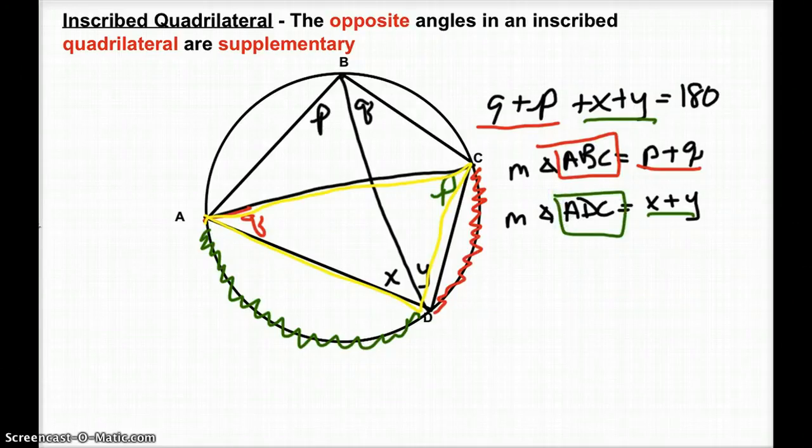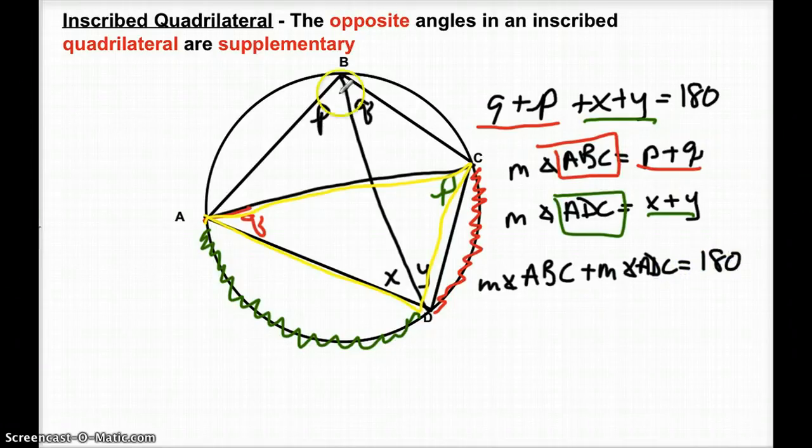So that leads me to the following conclusion, that the measure of angle ABC plus the measure of angle ADC has to equal 180 degrees.